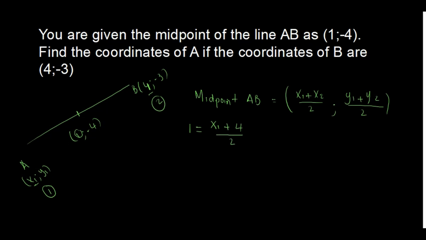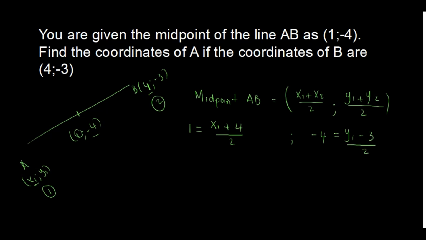And then for the y, we already know that it's negative 4. So negative 4 is equal to our y1, which is the value we're looking for, plus our y2, which is negative 3, all over 2. I'm going to simplify this.